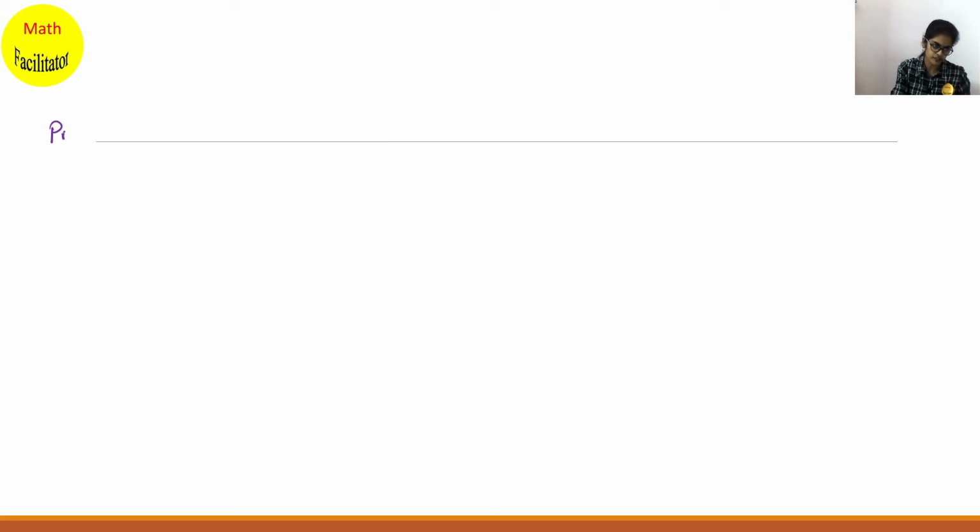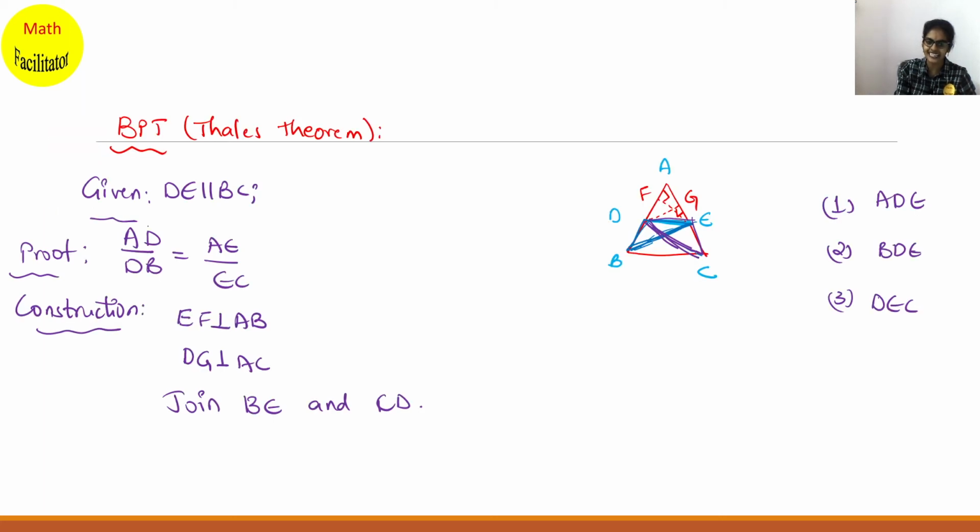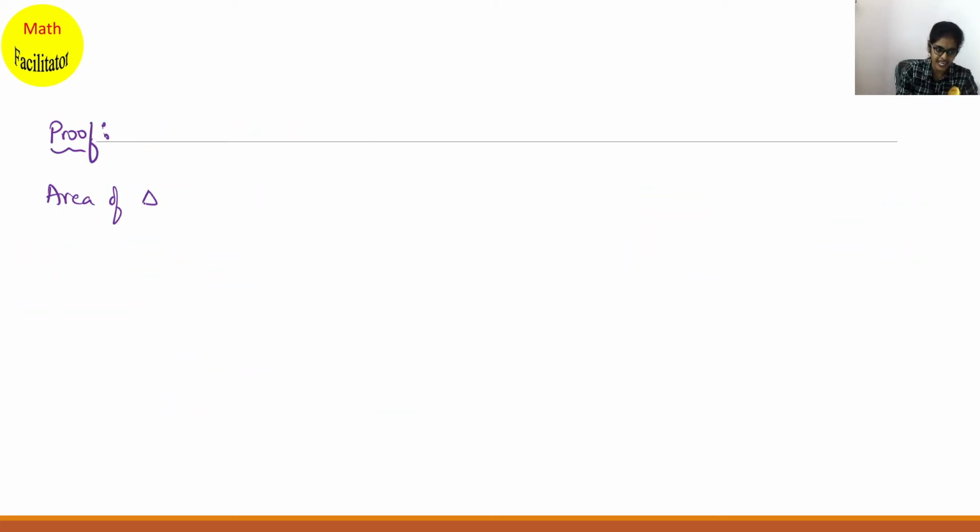In the proof, as I told you, you have three triangles, so we are going to consider the areas of the three triangles. What is the area of the upper triangle ADE? Area of any triangle is half base into height. Whatever is the perpendicular is called the height, and this is called the base.